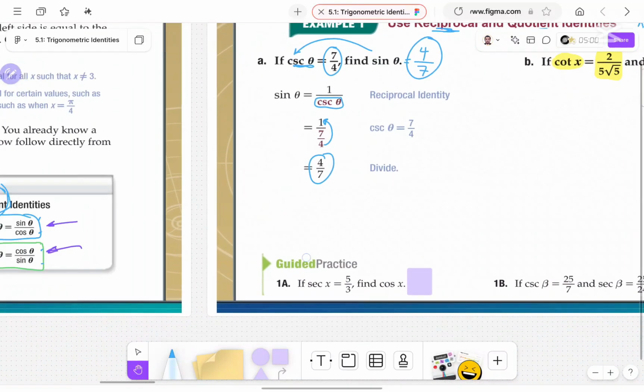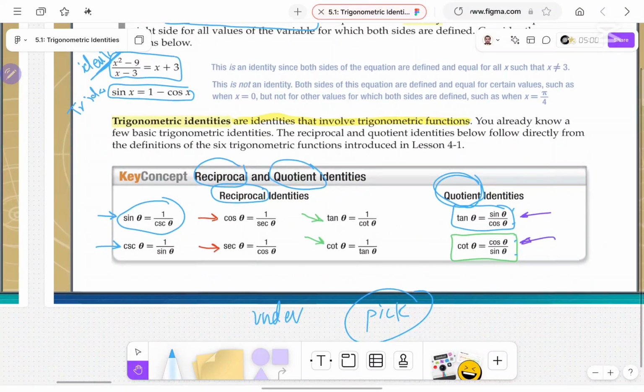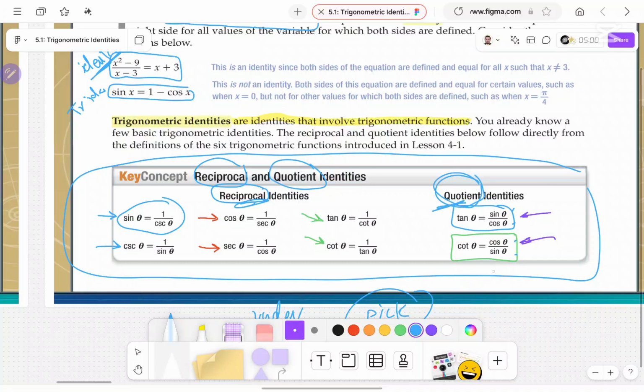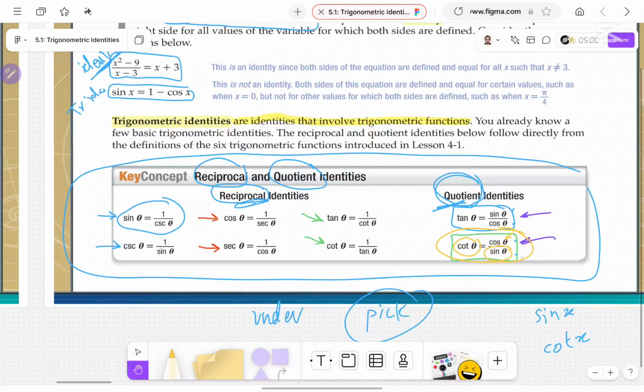So if you go back to the reciprocal and quotient identities, the formula should have sine and cotangent. In this formula, cotangent is written and sine also is written, so I can find cosine from this formula.